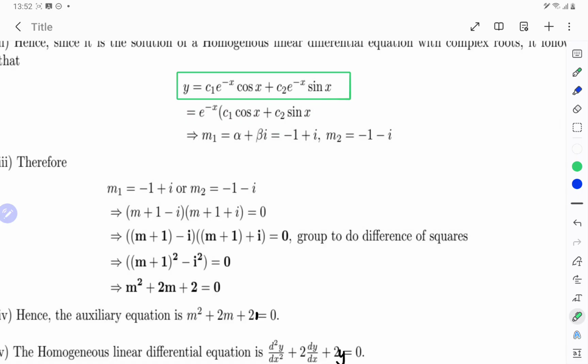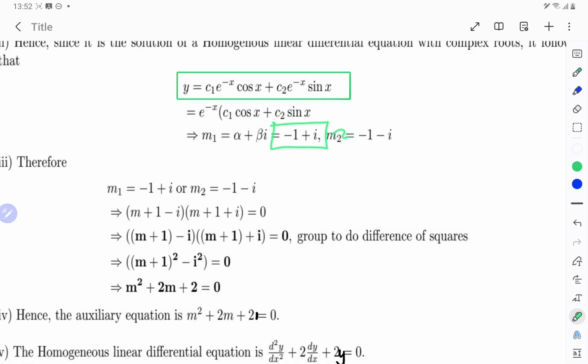What do we see here immediately? We see that our alpha is negative 1. What do we see? Coefficient of x is beta. Our beta is 1. So we have minus 1 plus i, and we have the conjugate minus 1 minus i.